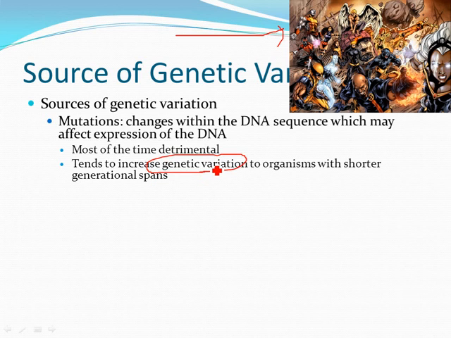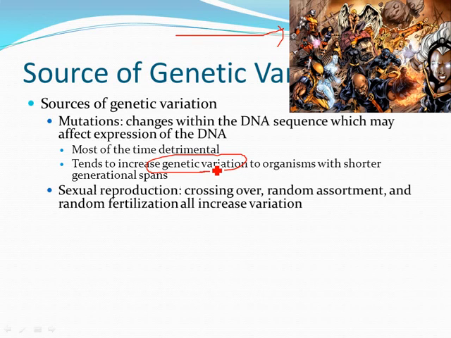That way they could end up reproducing more and more of this particular mutated trait. Sexual reproduction has different ways of increasing the variation. One is through crossing over, another is through random assortment, and also the randomization of fertilizing just random eggs and sperm also increases that variation as well.